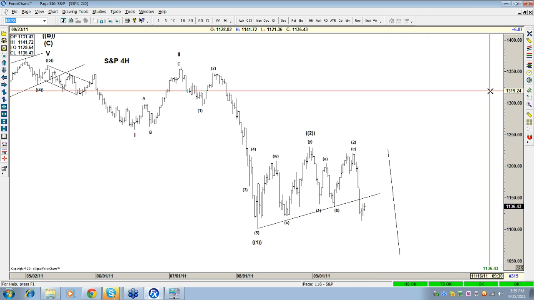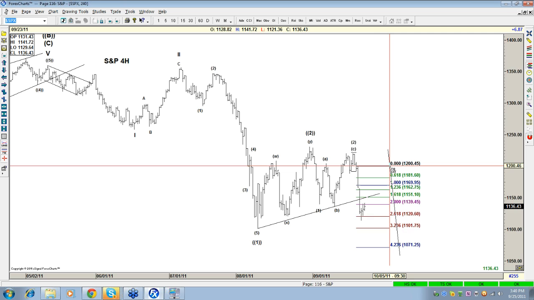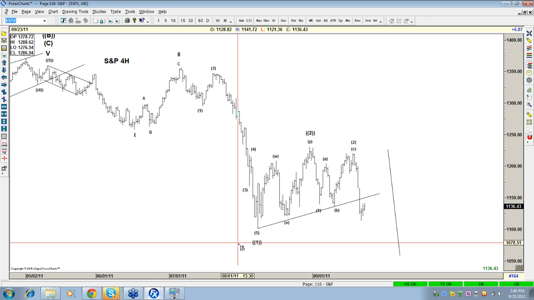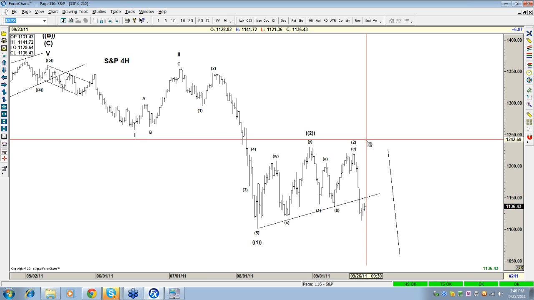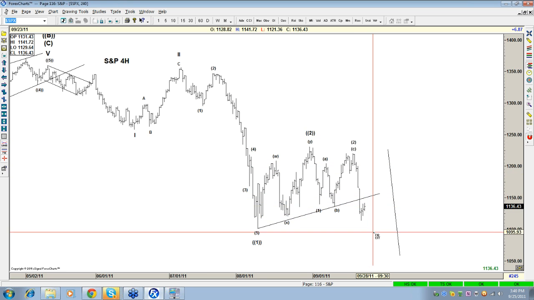If you take a look from here, when 1, 2 to the 2618, possible, Rafi. Yeah, very good, possible. Exactly. If this count is what is in place, 1, 2, 1, 2, 1, 2, we're entering wave 3.